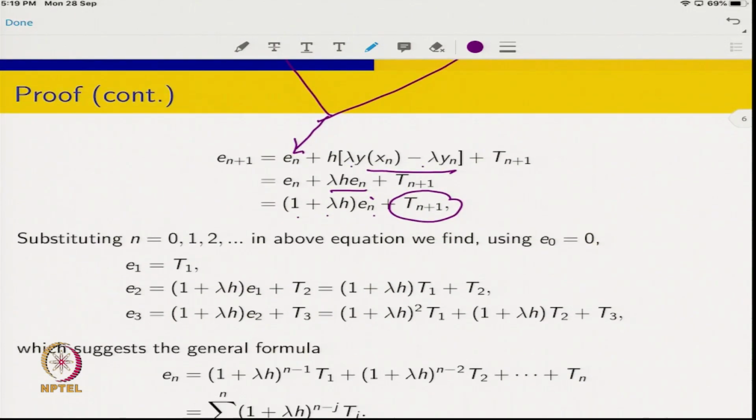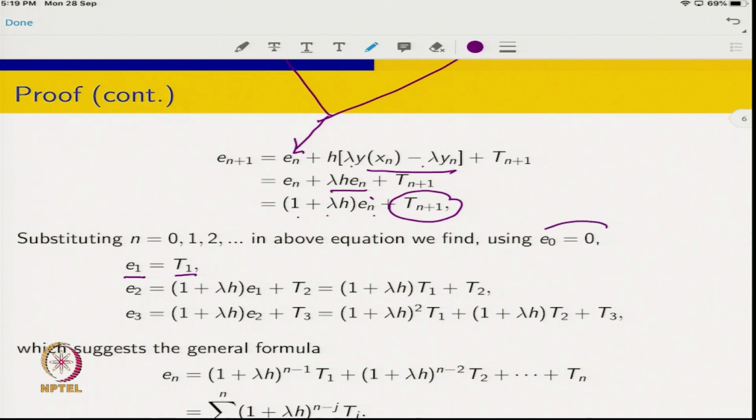Substituting this is an iterative procedure, because as I told you we will start from x0. So, x0 corresponds to n equal to 0, and then we will compute x1. So, E1 is basically T1, and E0 is 0, because in initial conditions we are not making any approximation.